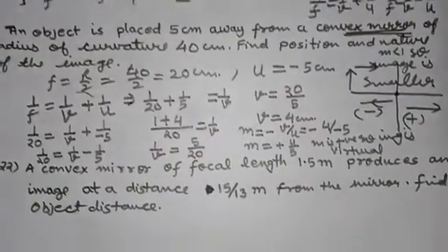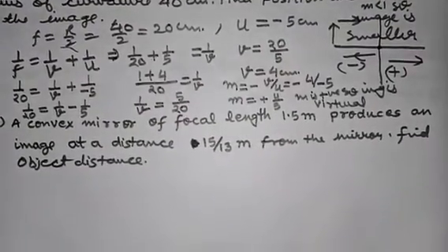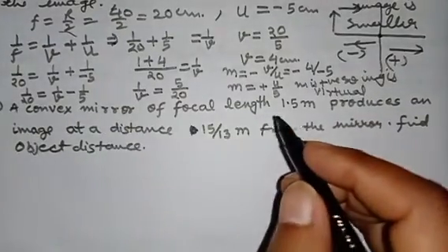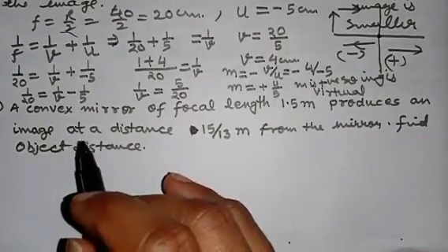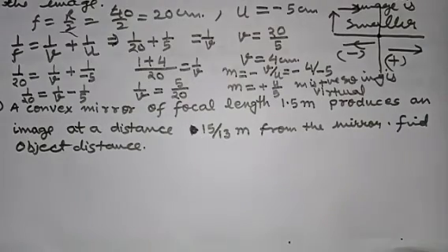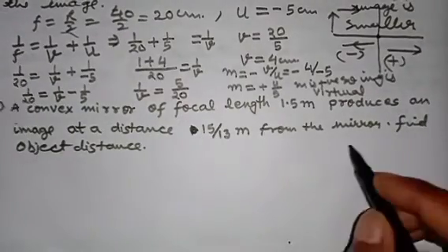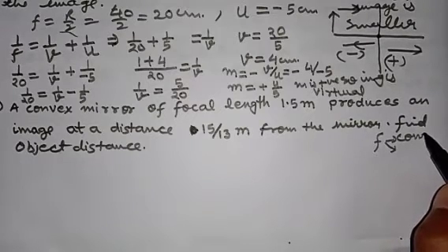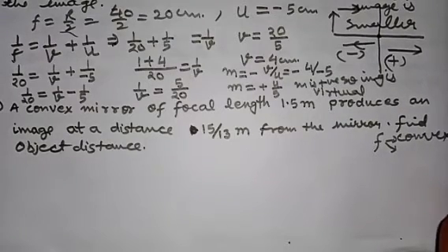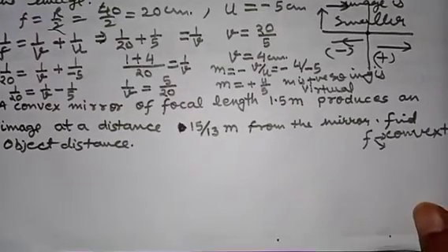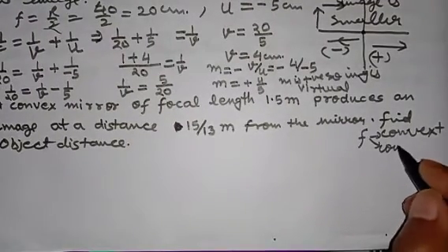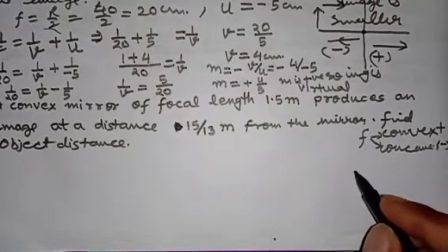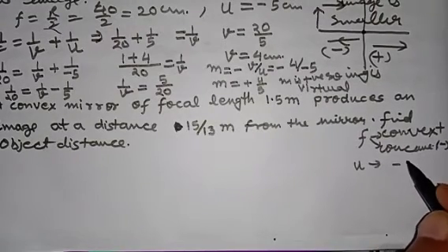Next, okay, a convex mirror of focal length 1.5 meter produces an image at a distance. All right, now this is something interesting, because I have told you that f for convex, either mirror or lens, is positive, and for concave it is negative, and the distance u is always negative.